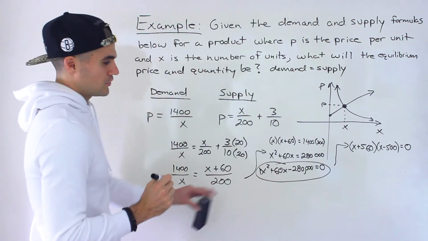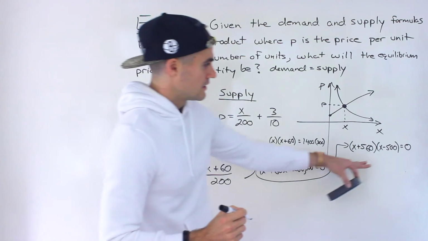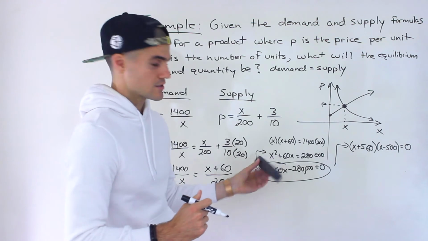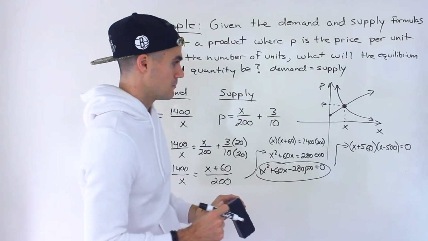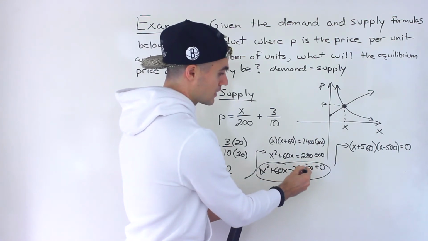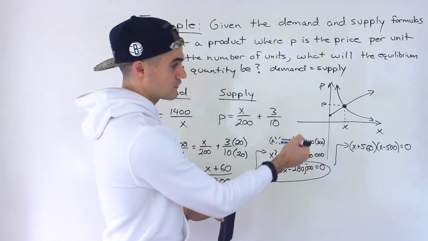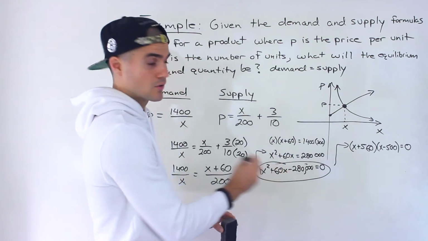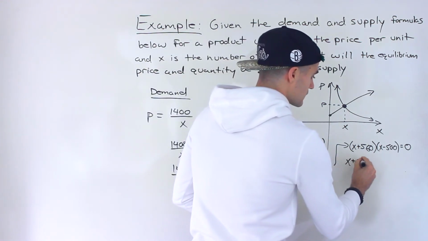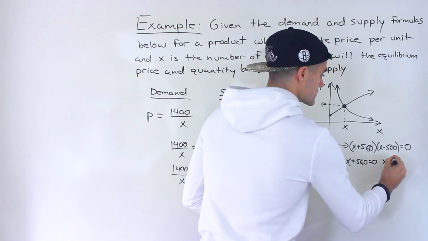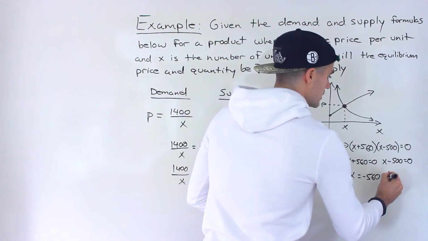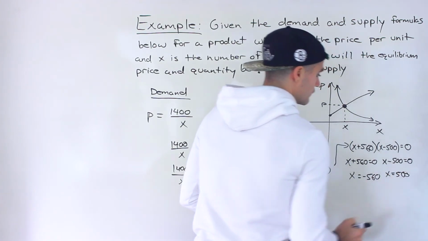But when you're dealing with big numbers like this, even if it factors smoothly, it may take you longer to factor it versus just putting it into the quadratic formula. But it does factor smoothly. 560 times negative 500 gives us negative 280,000, and 560 plus negative 500 is that b value of 60. From here, we can tell the solutions: either x plus 560 is equal to 0 or x minus 500 is equal to 0. So we get negative 560, and then we get positive 500.